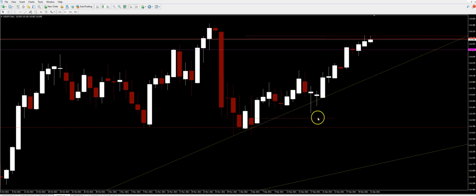It never went back to here. Yeah, you had the big money makers coming down, taking out stops, but it never went back to here. So technically, this area here would be your stop loss.